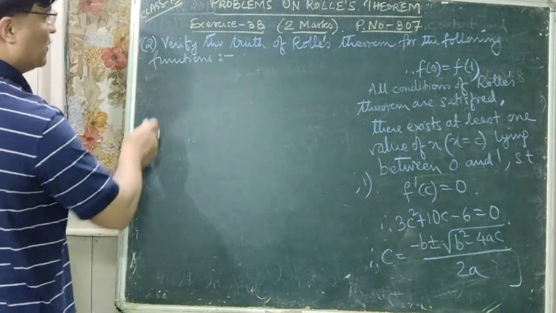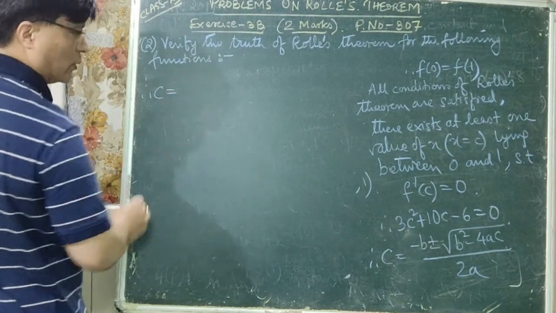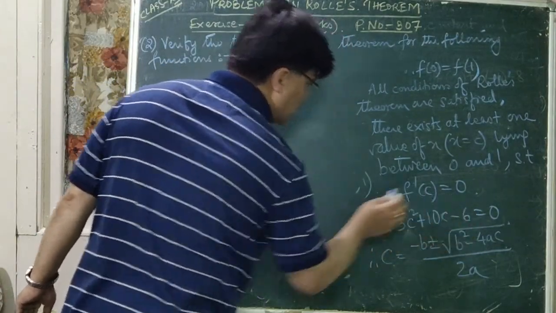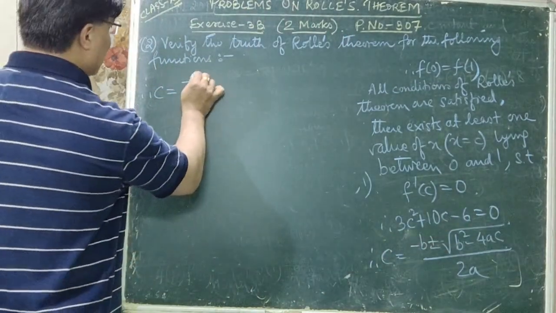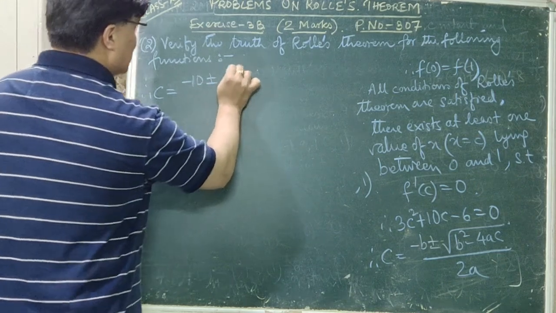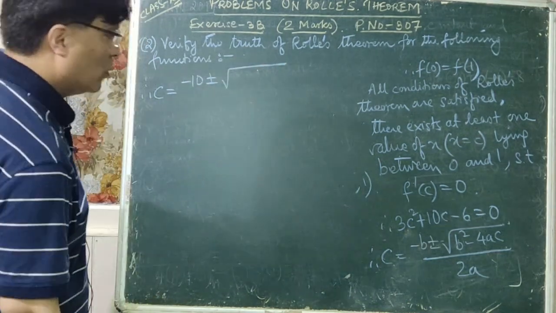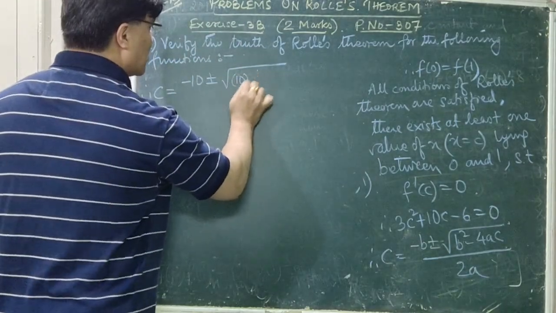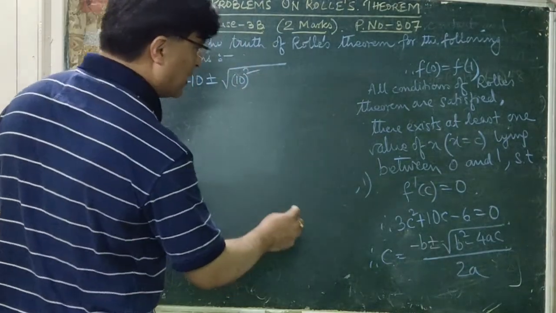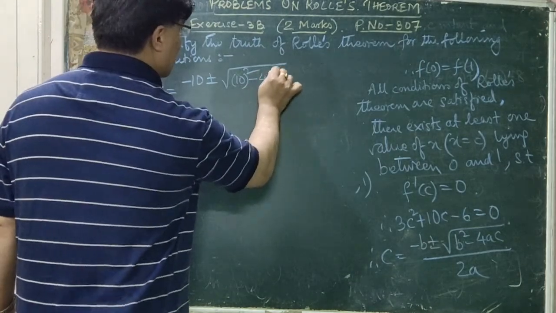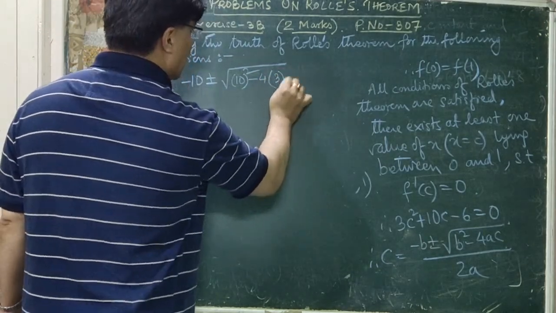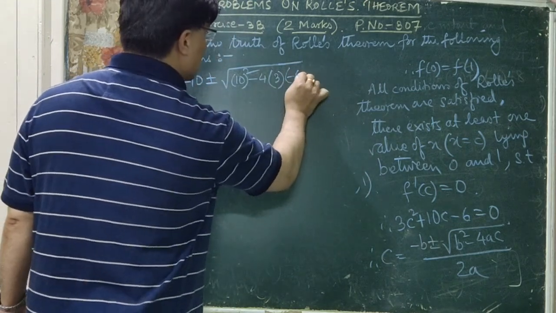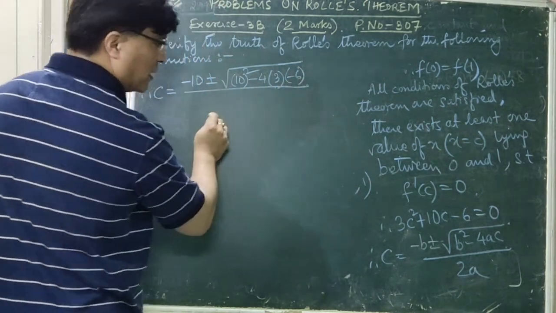So let us put the values now. Therefore c is equal to, what is a here? A is 3, b is 10, and c is minus 6. So minus 10, then plus minus root over, what is b square? B square is 10 whole square minus 4ac, minus 4 into what is a, 3 here, and c is minus 6, this whole divided by 2 into a.